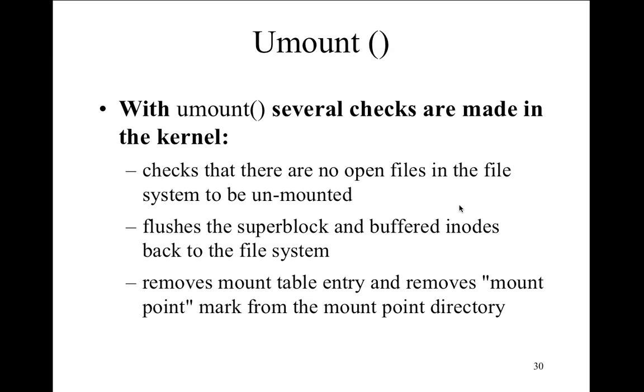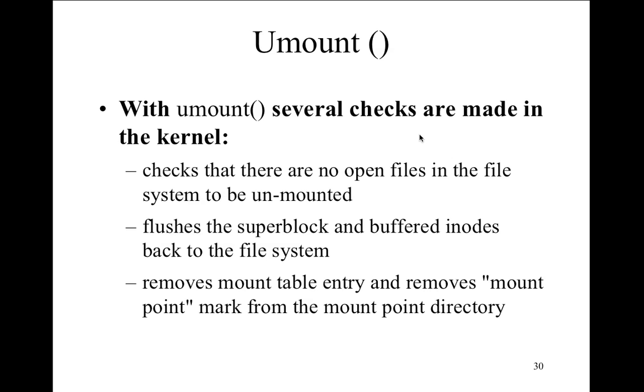To unmount it, it's going to check whether there are any open files. If there are any open files, it's not going to unmount it. It's going to say, hey, we've got open files. Can you close these files so we can save them and update the disk before we remove it? Because once we pull it out, we don't have that information available. We can't save it. So if there are no open files, then the system can do the unmount.